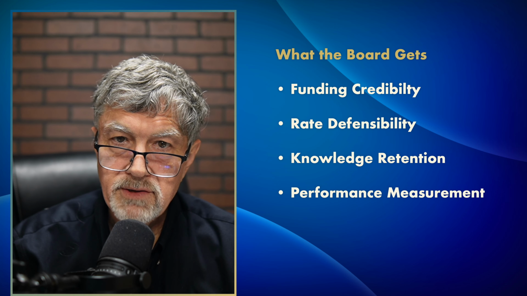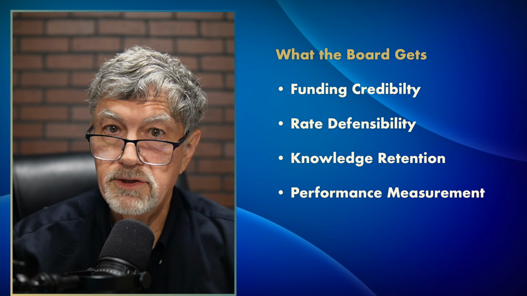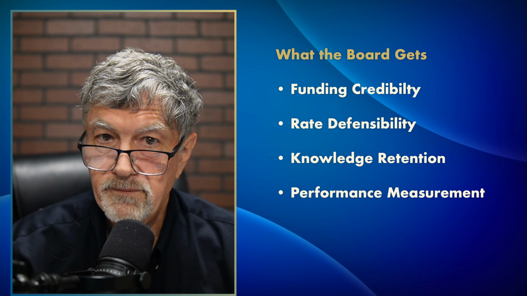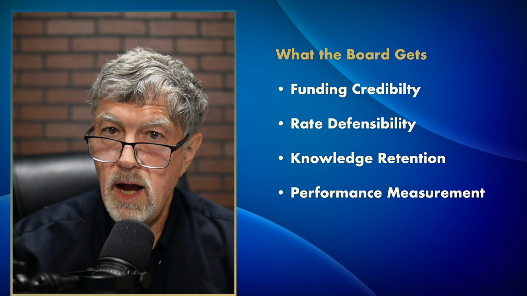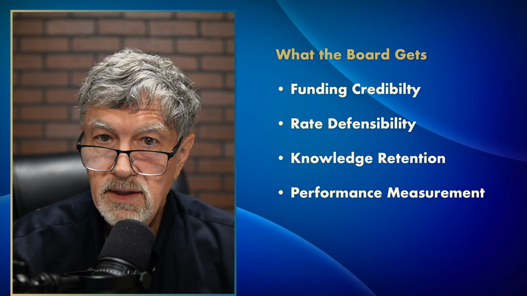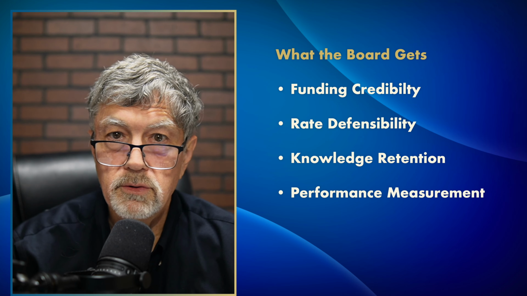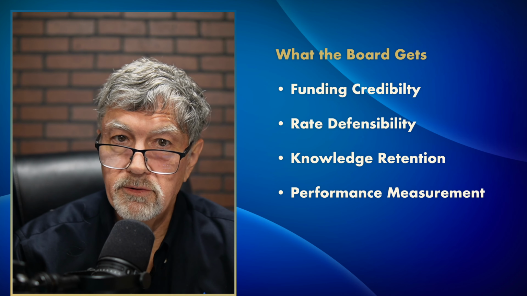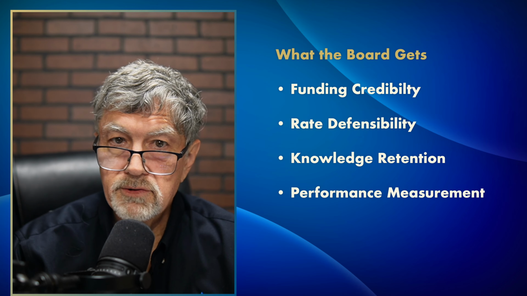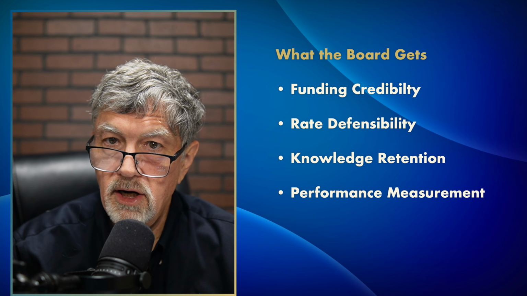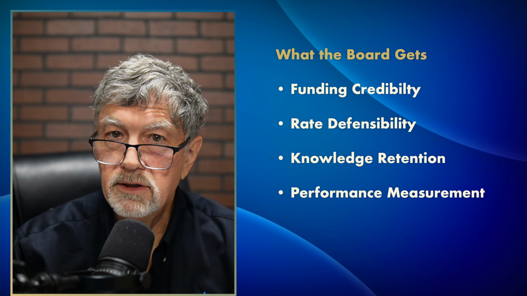Cost history by asset is what turns a project request into a defensible application. Work orders are how you get that history. Rate defensibility. When you go to customers for a rate increase, documented costs and condition data is the difference between a judgment call and an argument you can show.